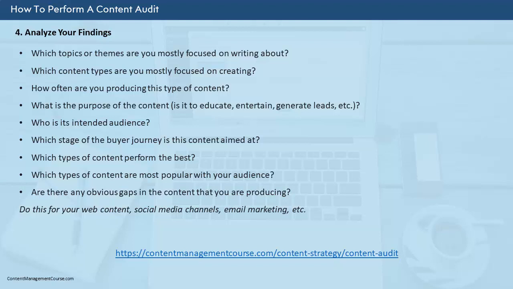Which stage of the buyer journey is this content aimed at? Which types of content perform the best? Which types of content are most popular with our audience? Are there any obvious gaps in the content that stand out, which we should be addressing and taking advantage of? Do this for your web content, your social media channels, your email marketing, and so on.